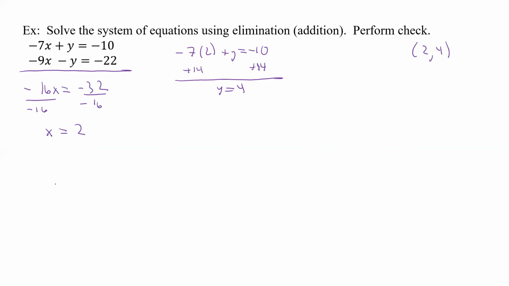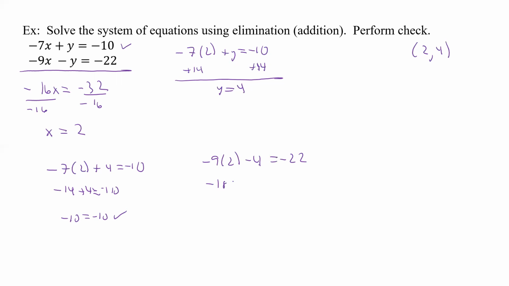But we still have to check it. So minus 7 times 2 plus 4 equals negative 10. That's a minus 14 plus 4 equals negative 10. 14 minus 4 is 10. It's negative. It checks there. Now negative 9 times 2 minus 4 equals minus 22.